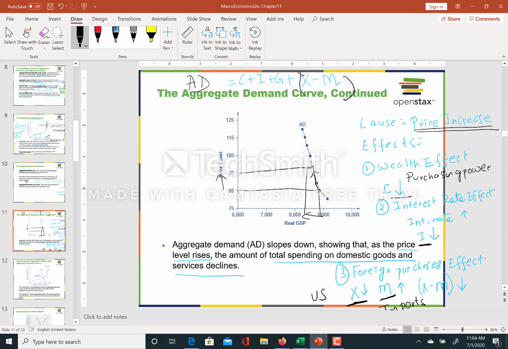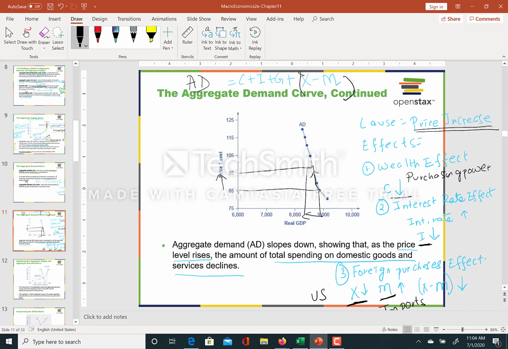This is called the wealth effect. So say the price is increasing from 85 to 95, and we are going to move to the left along the aggregate demand curve because the quantity of aggregate demand will go down when the price goes up, because consumption goes down and consumption is a part of aggregate demand.